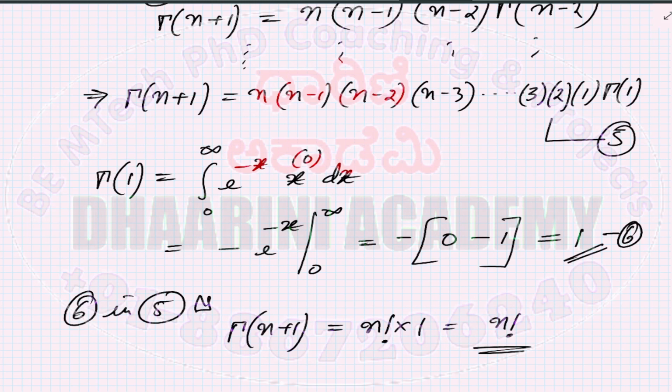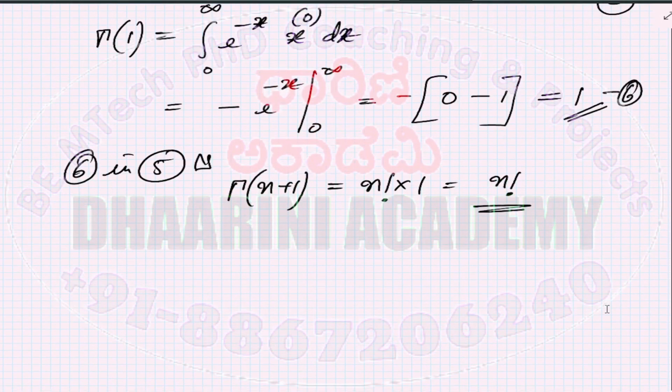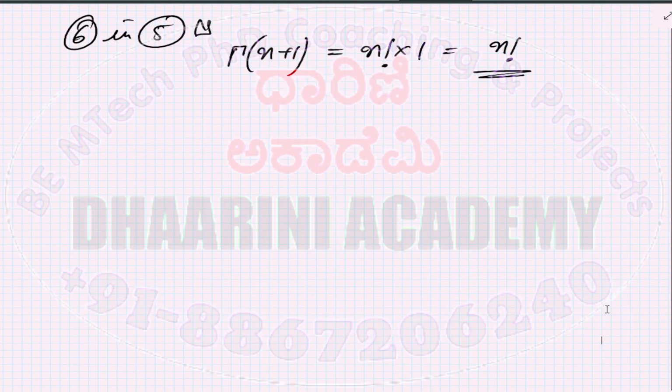All right, then let's go to the third and important property. Okay, this is property number 3, and this property is very important because it relates beta and gamma function. So the property is like this.